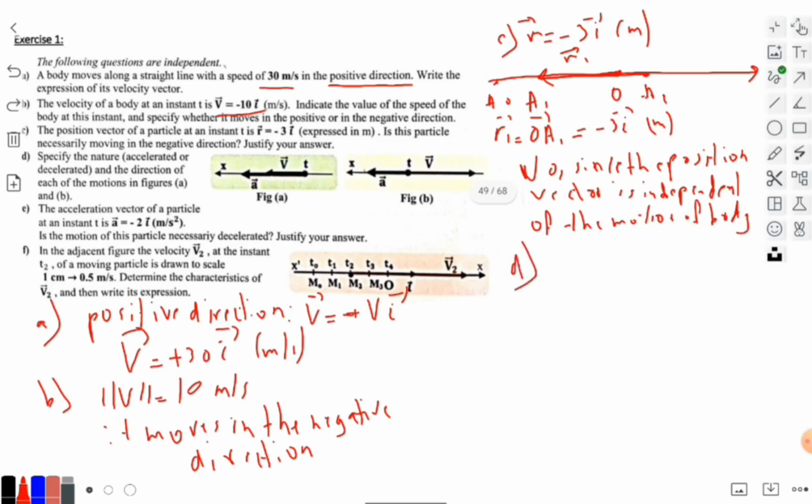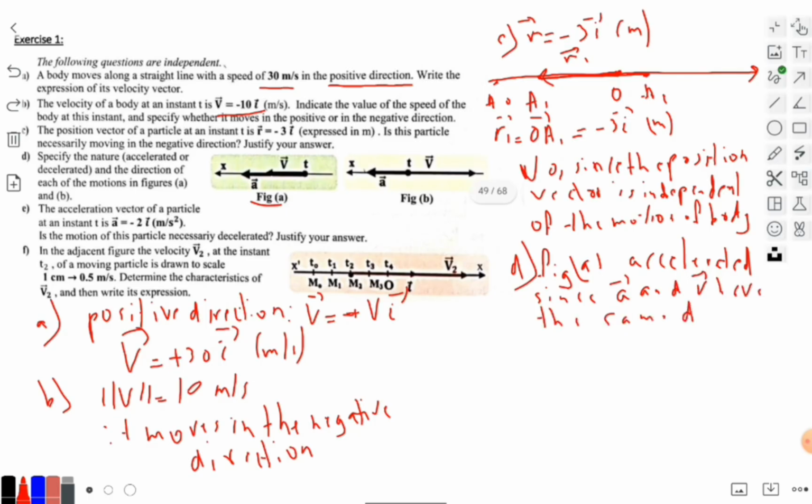Part D. Specify the nature, accelerated or decelerated, and the direction of each of the motions in figures A and B. In figure A, the a vector and v vector have the same direction, so it's accelerated, since the a vector and v vector have the same direction.